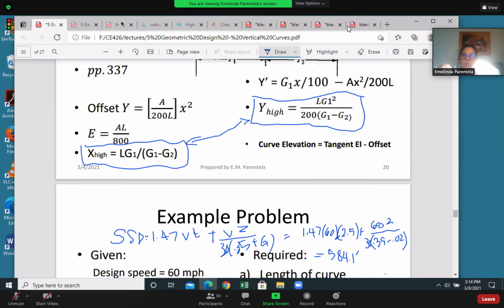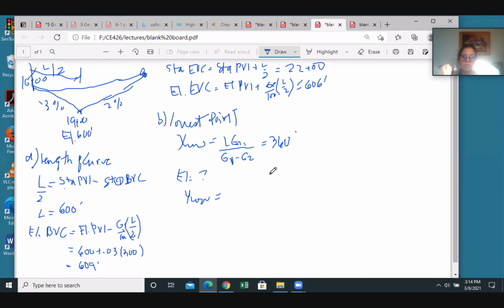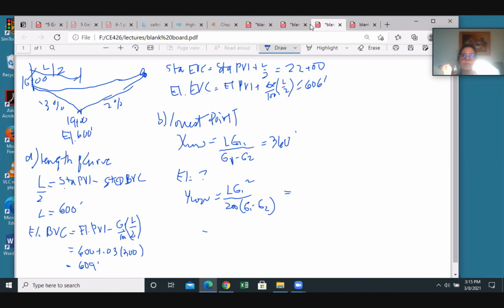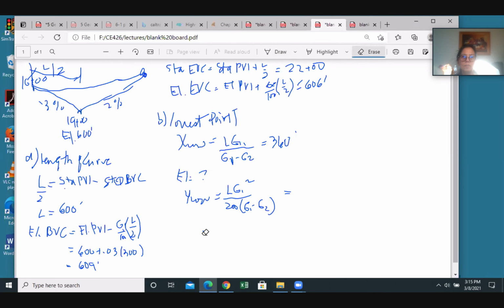So L G1 squared over 200 times G1 minus G2. L is 600, right?